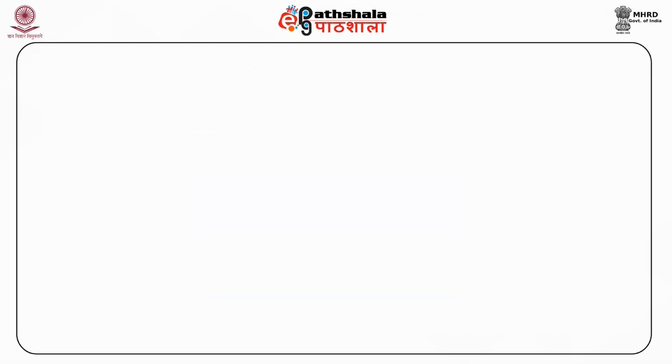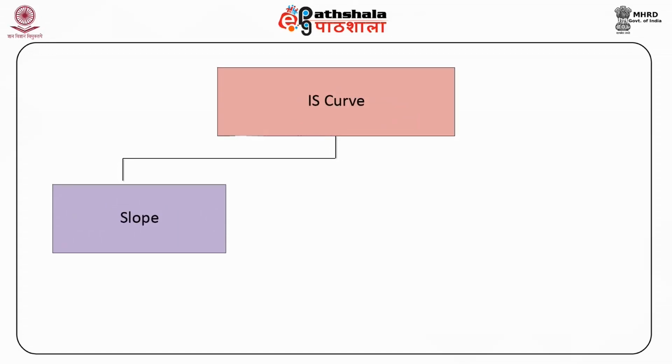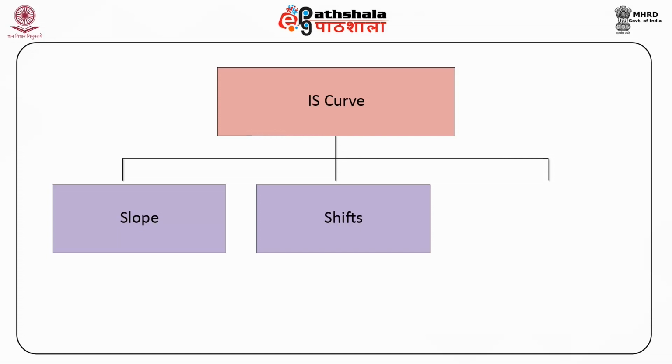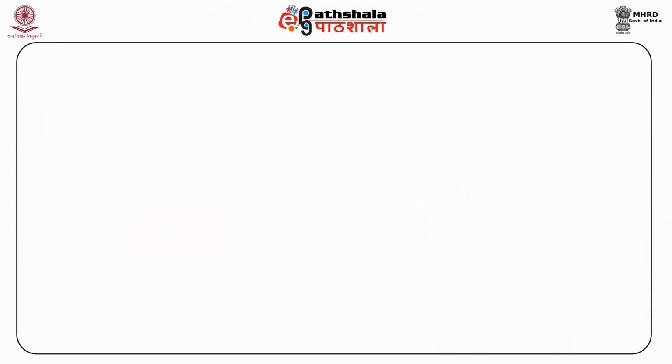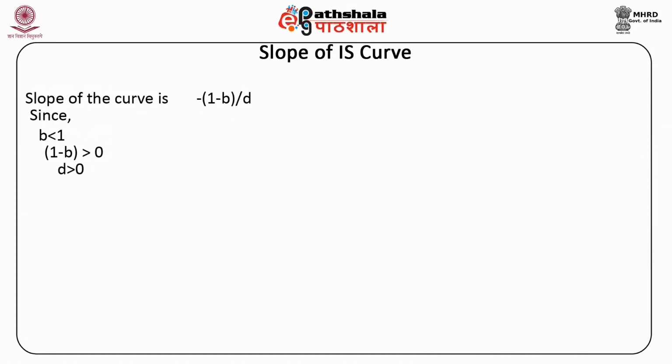Let us now look at the following topics: slope of the IS curve, shifts of the IS curve, and the points of the IS curve. Slope of the IS curve. As can be seen from the equation above, the slope of the curve is minus (1 - b)/d.